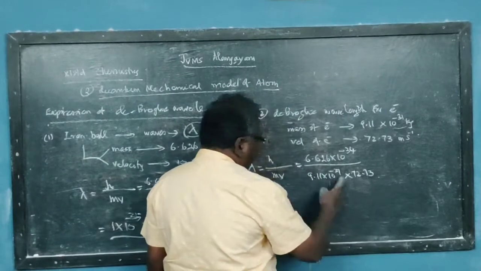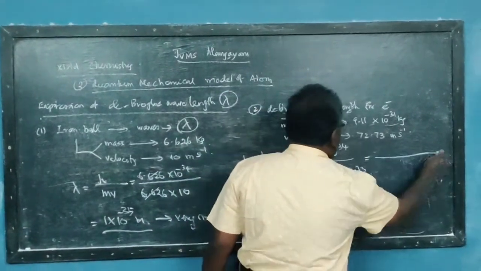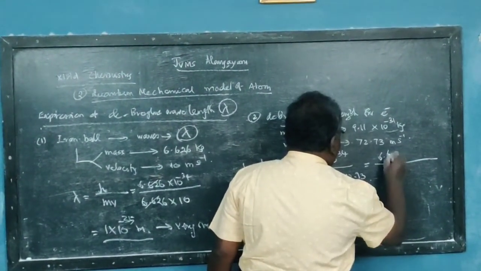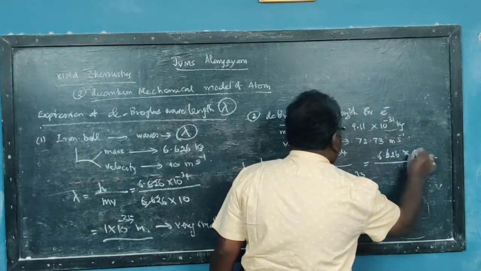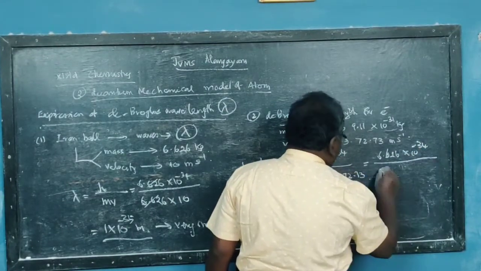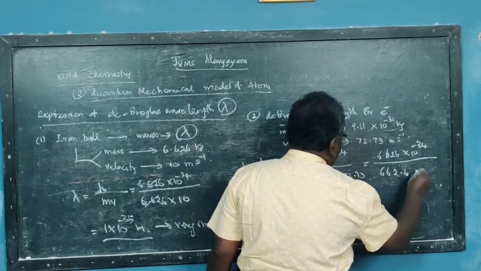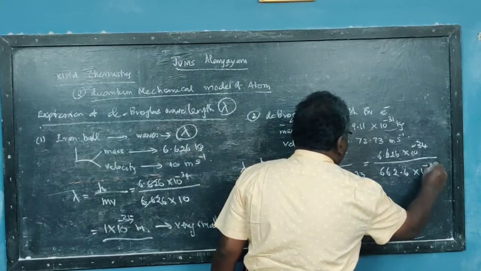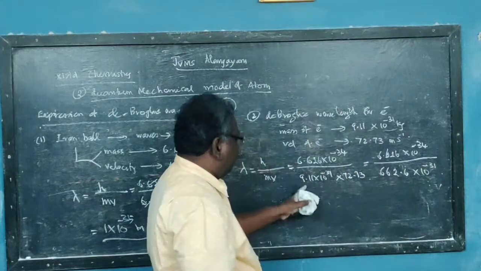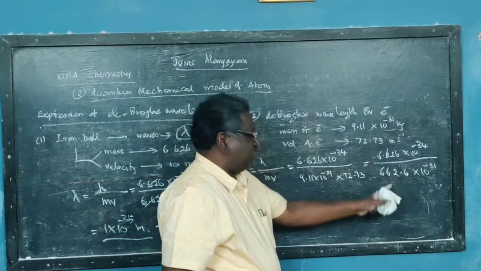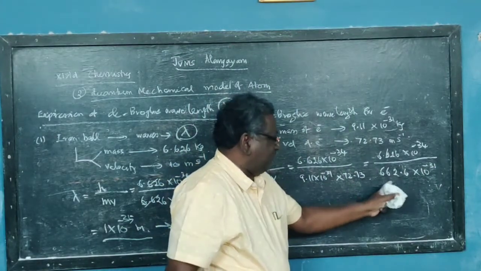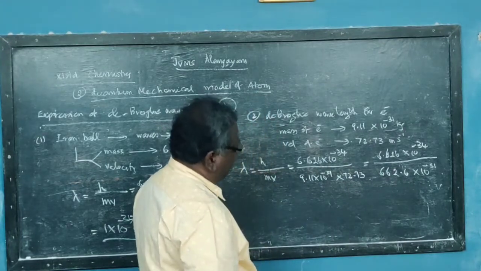If we multiply these two, it will come to 662.6 into 10 power minus 31. So 9 into 7 gives 63. If you approximately multiply these two numbers, you will get this number.